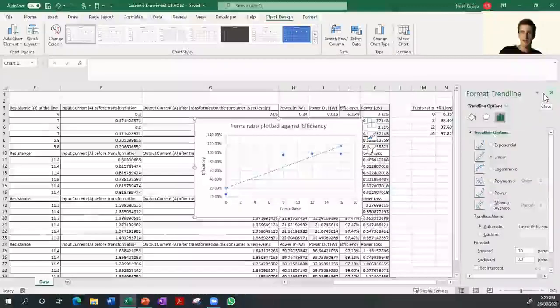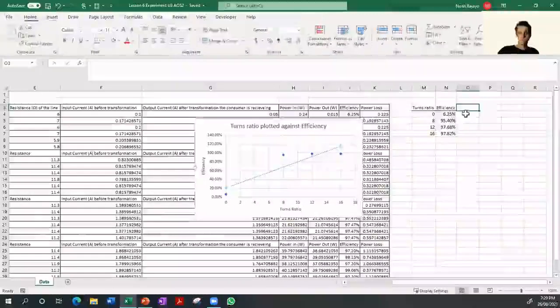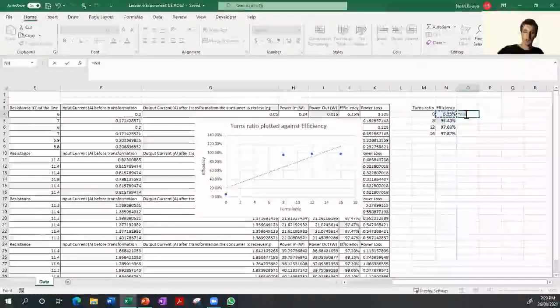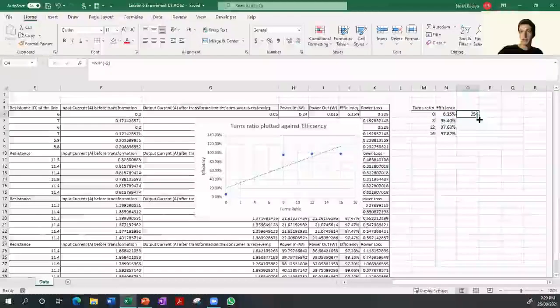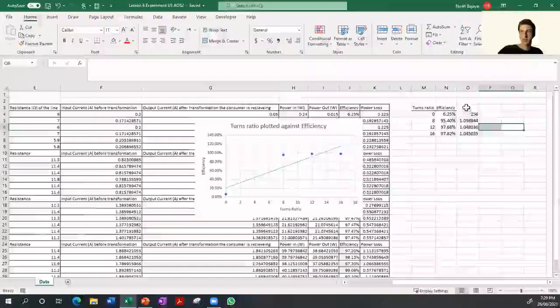So we've said it, we think it's going to be a truncus. So what we're going to do is actually kind of swap that around a bit. We're going to put everything to the power of -2. So this one, the power of -2, and we get some interesting results.